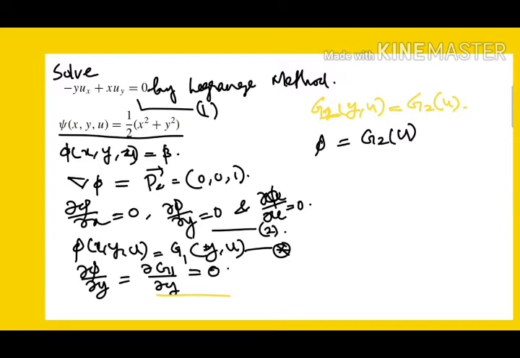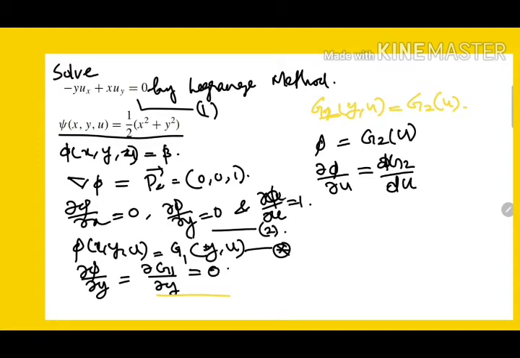Now we have to determine g2. For that we use the third equation, so we take dou phi by dou u, which is dg2 by du. Dou phi by dou u is given as 1, not 0. So dg2 by du is equal to 1.